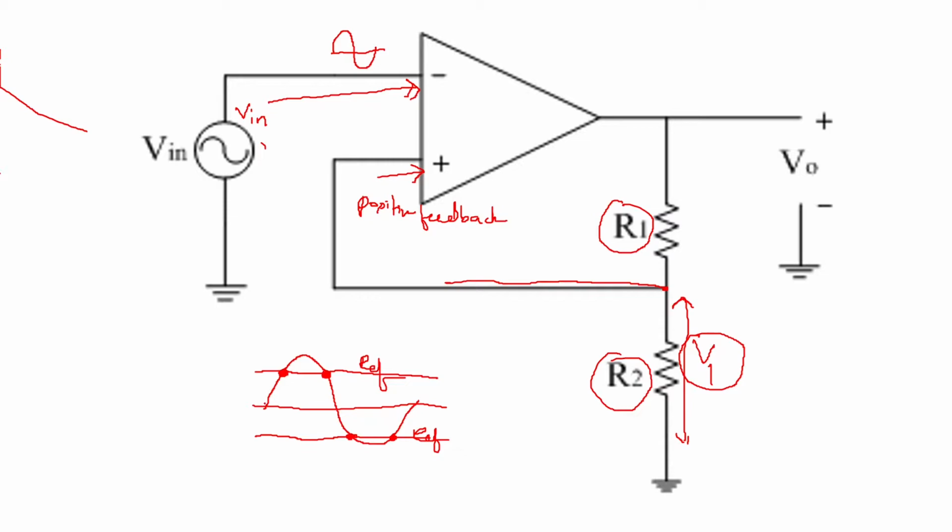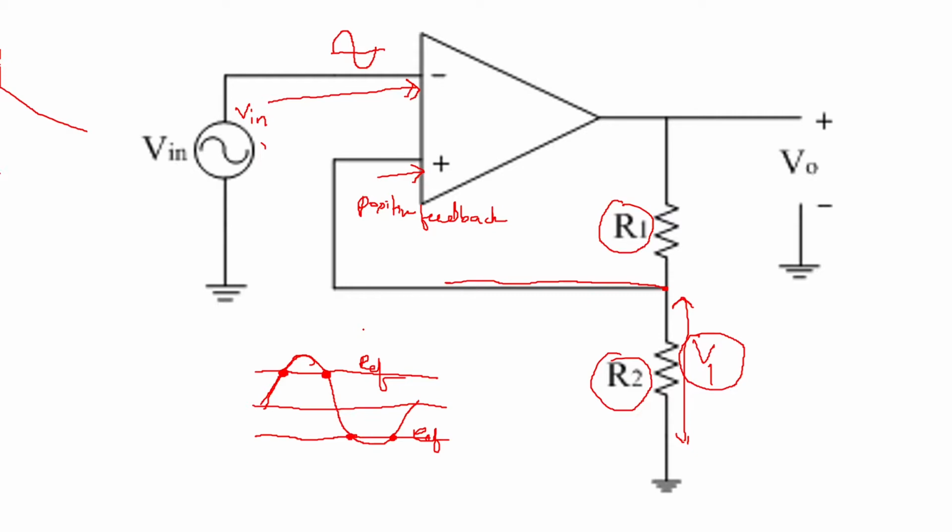Depending on how the input is moving, and on which threshold the input exceeds, the feedback will produce the particular threshold voltage, the particular reference voltage. And depending on that reference voltage, the output will change its state with the maximum voltage that the op-amp can give, that is plus V saturation to minus V saturation.